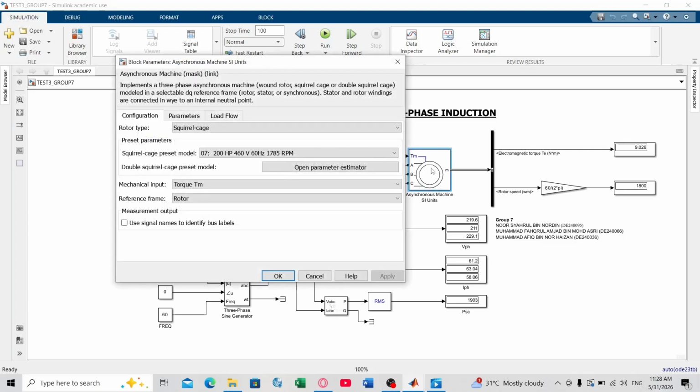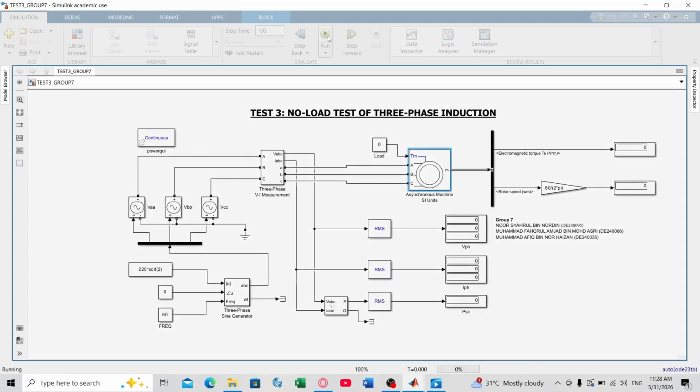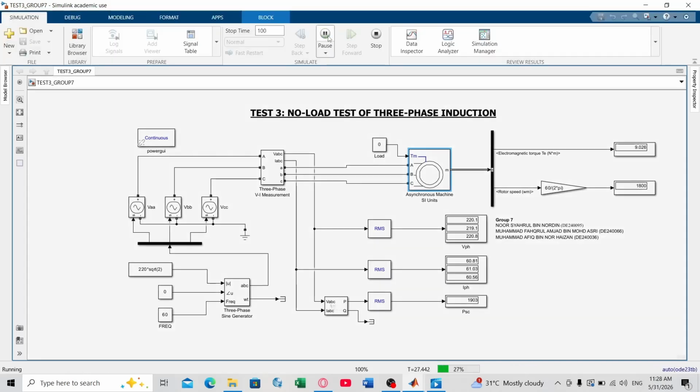For the configuration, we are using the voltage preset of 07, and we just run the model. After 100 seconds, we can measure the value of the VPH as 220 volt for the phase voltage, IPH 61.2 ampere, and for the PSC 1903 watt.